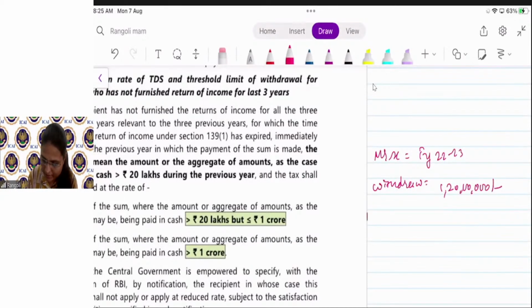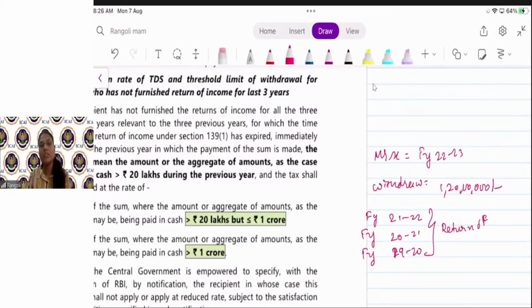And in the last 3 financial years, that is 21-22, 20-21 and 19-20, if Mr. X has not filed return of income for all the 3 preceding financial years, then in that case, in the current year, the bank will deduct TDS if the withdrawal is more than 20 lakh.